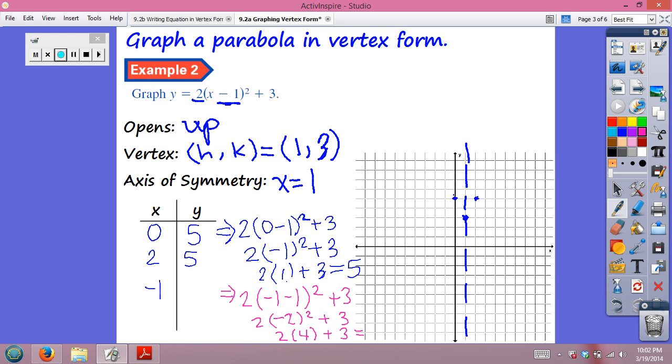So to simplify, we get 8 plus 3, which is 11. So our point is (negative 1, 11), which is going to be up here somewhere. And if we mirror that over the axis of symmetry, we're going to get (3, 11). And then we draw in our parabola connecting the dots. And that's how we're going to graph them using vertex form.